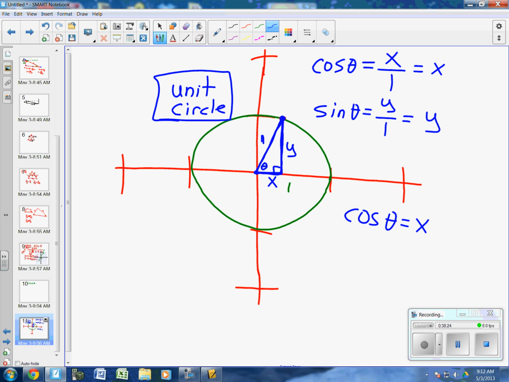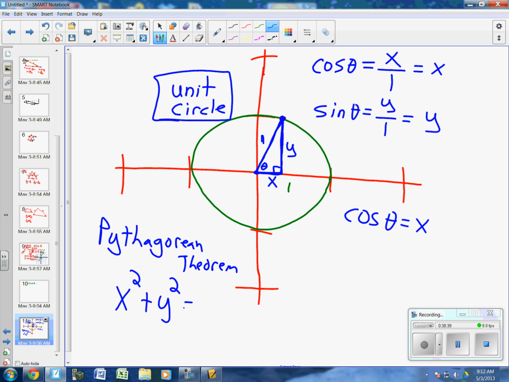Okay? So we're going to relate that to the Pythagorean theorem right here. X squared plus y squared equals, well, hold on. A squared plus b squared equals c squared, right?